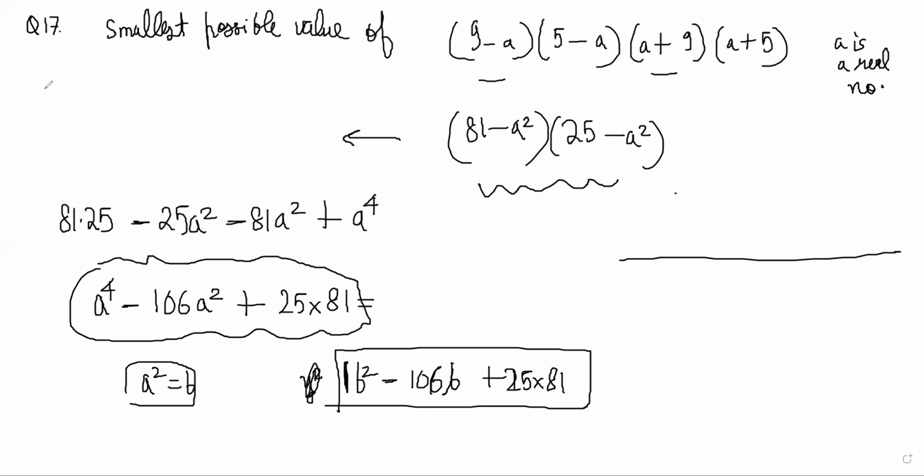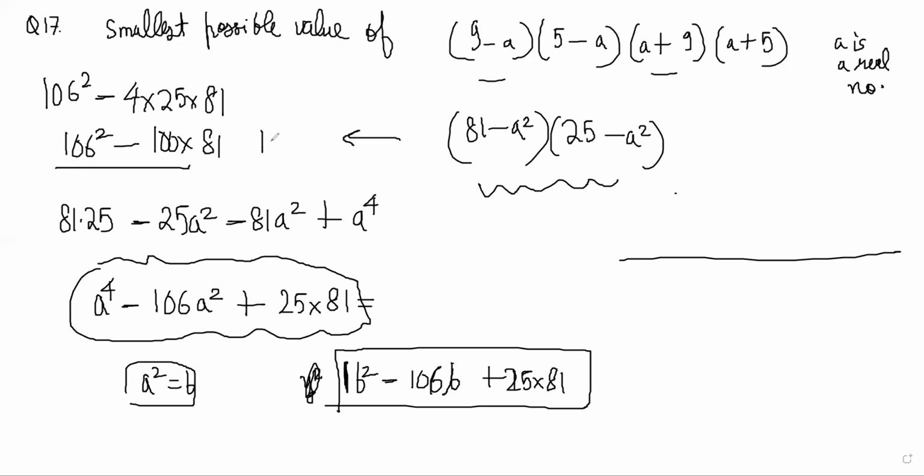If you look at the discriminant, it will be 106 square minus 4 into 25 into 81. This is 100 into 81 against 106 square, so clearly this is positive. So the quadratic looks like this.